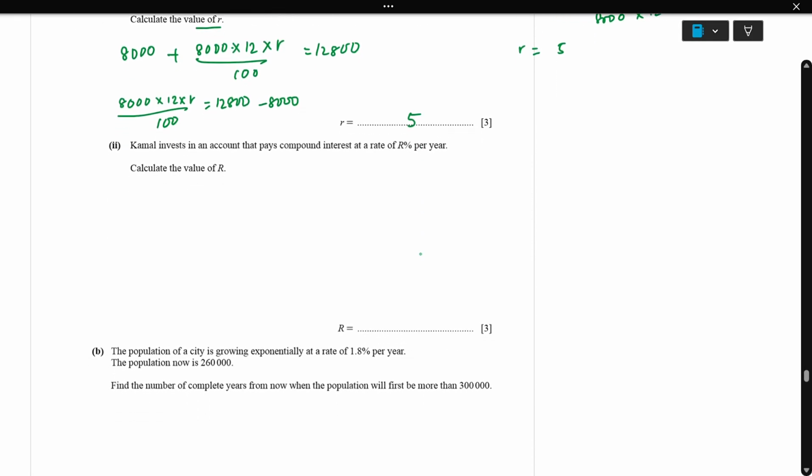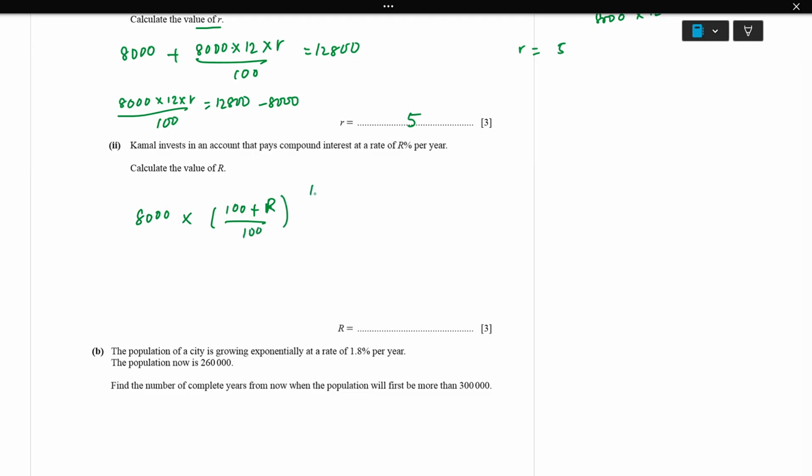Next, Kamal invests the same amount and earns compound interest at R percent. So the same amount, 8,000, with compound interest: 8,000 times (100 plus R over 100) power 12 equals the final return, 12,800.